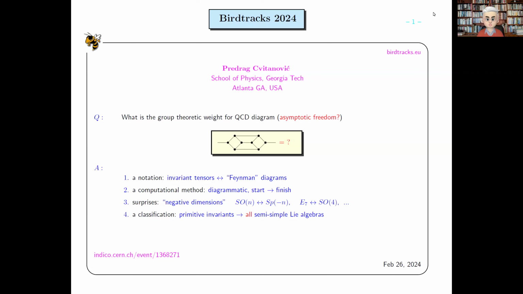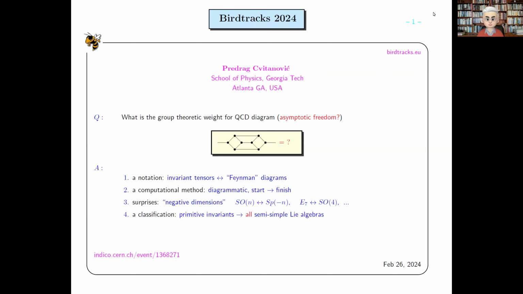In the process, I want to say that by Birdtracks, we mean some kind of Feynman diagrams, but they'll be more precise than that. Or if you're thinking more in a group theoretical way, we're studying invariant tensors. Birdtracks are a diagrammatic method of computation, which is diagrammatic from start to finish.